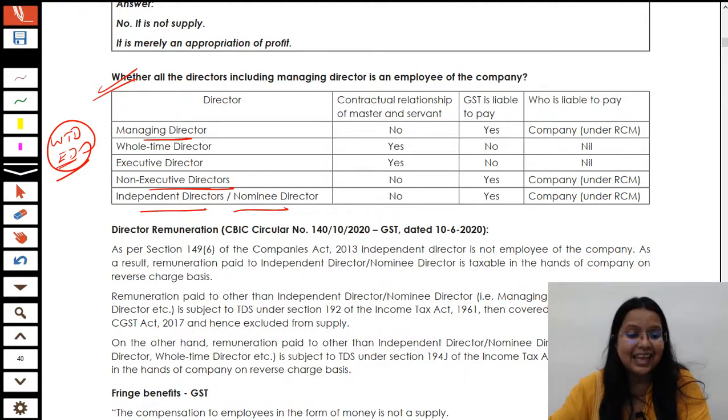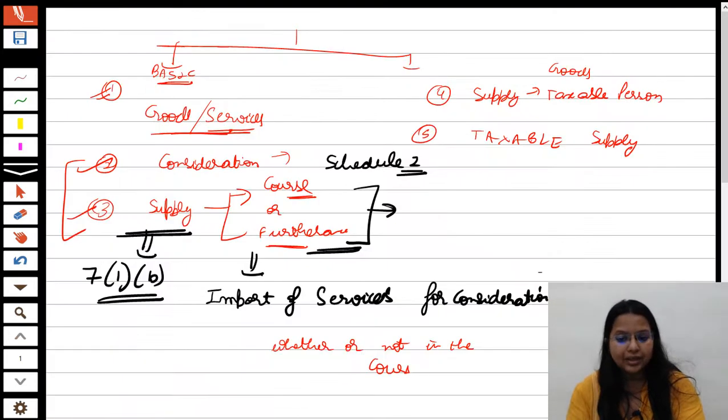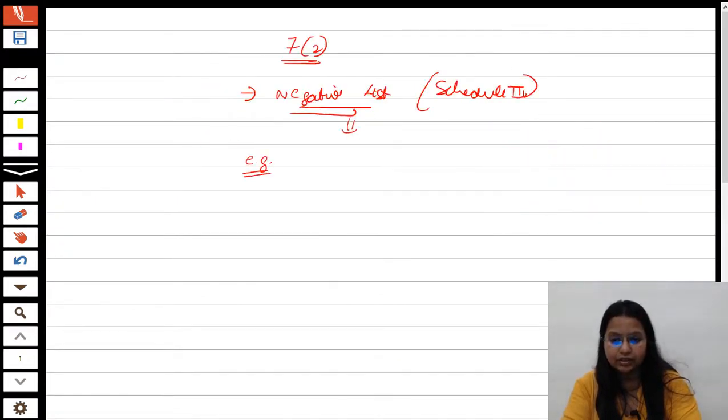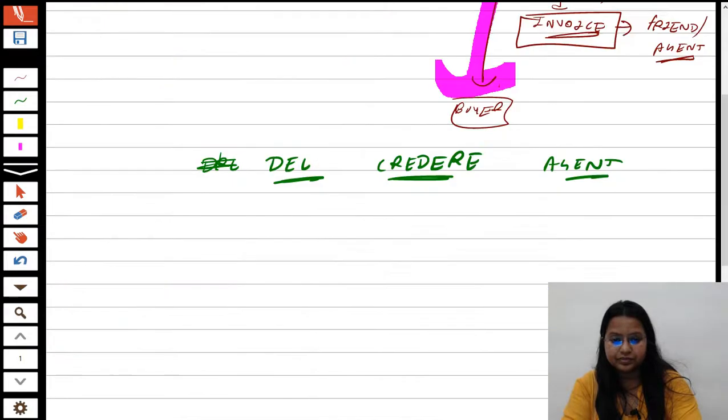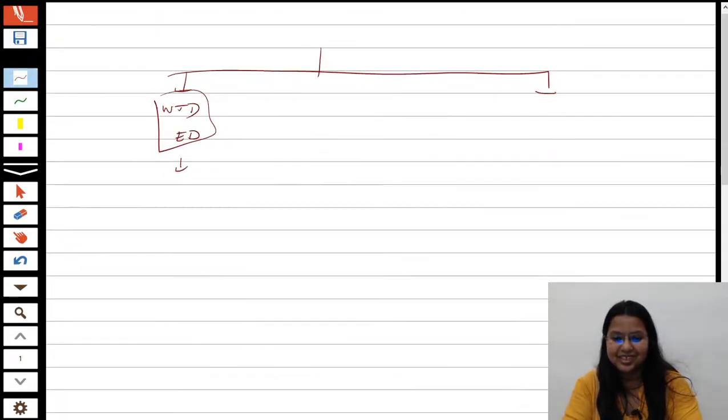So yes, they are employees, because they are the whole-time director. If they are not the employees of the company, why would they give their whole time to the company? So whole-time directors and executive directors are, yes, employees of the company.